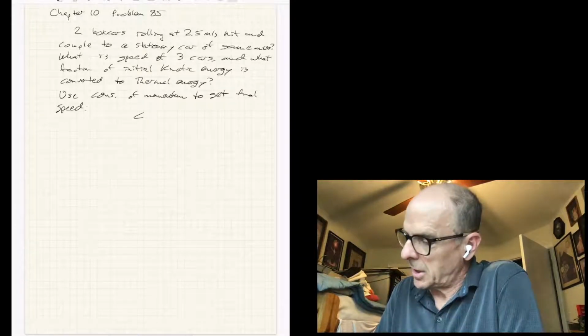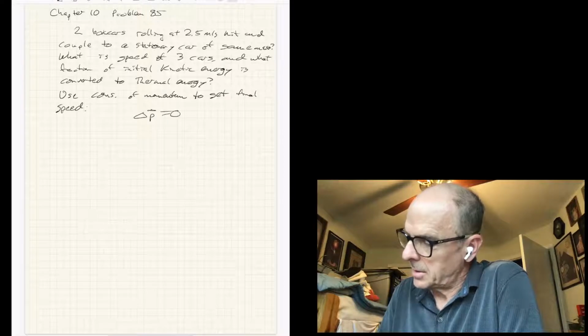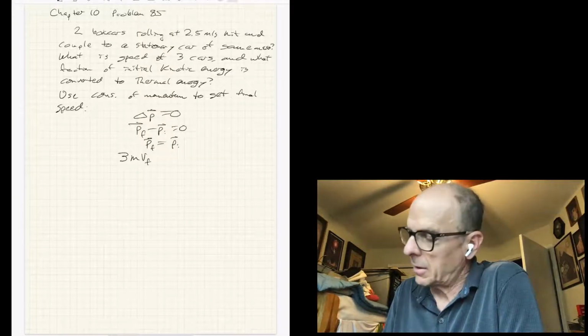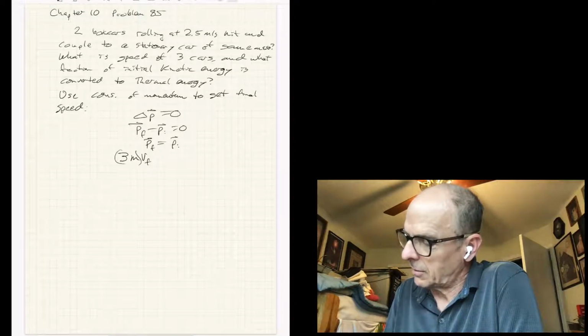So the change in momentum is 0. That means P final minus P initial is 0. So P final equals P initial. Well, P final is 3 train cars, 3m, times whatever the final velocity of those 3 cars together is. That's the final momentum, the mass times the velocity.